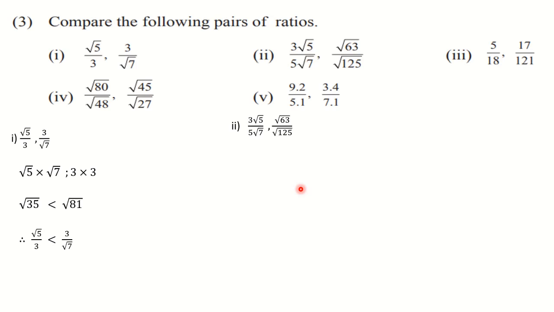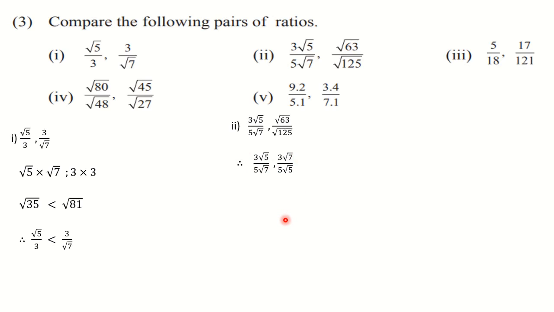Using that we can convert it to the simplest form as follows. Root 63 we can write as 3 root 7 and root 125 we can write as 5 root 5. Now compare both the sides. Here 3 upon 5 exists and here also 3 upon 5 exists, so we can remove that 3 upon 5 from both the sides.